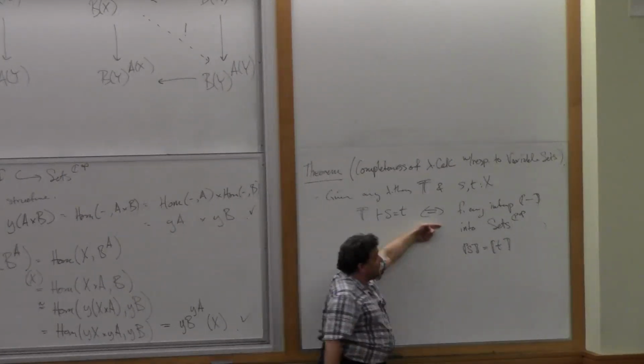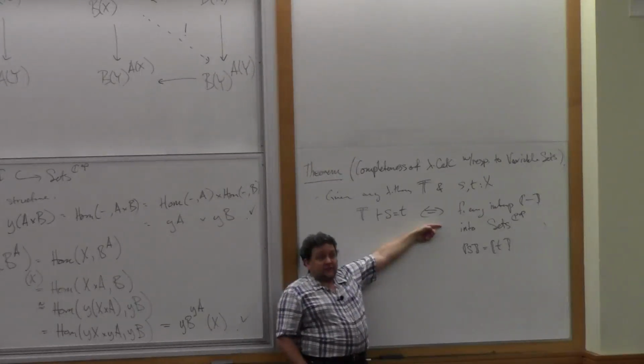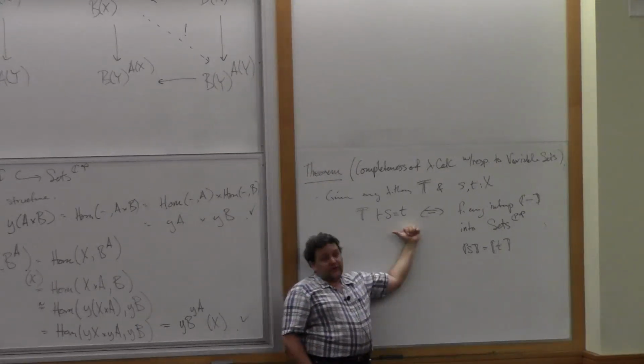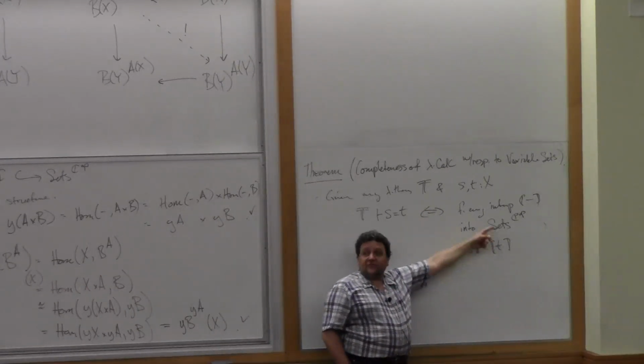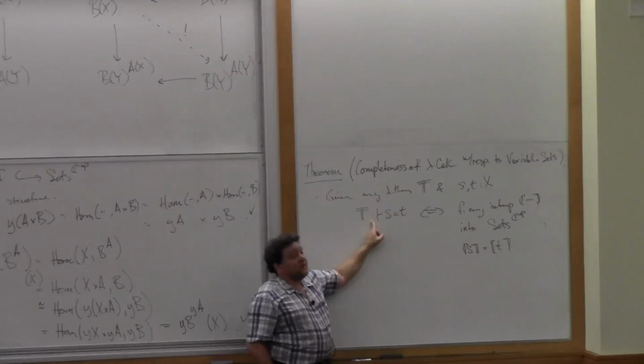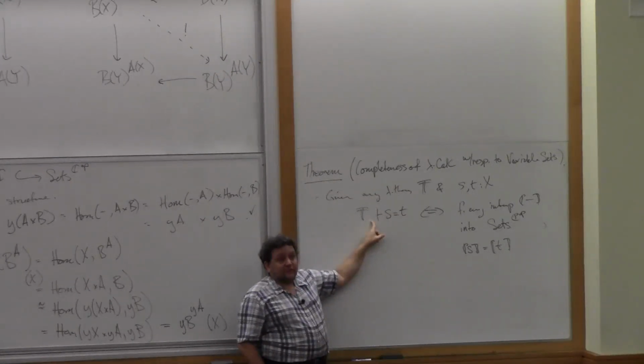So this direction is, of course, soundness of the lambda calculus with respect to the semantics, and this direction is the completeness. If the terms come out to be the same under all interpretations in variable sets, then they must be provably equal via beta-eta conversion.